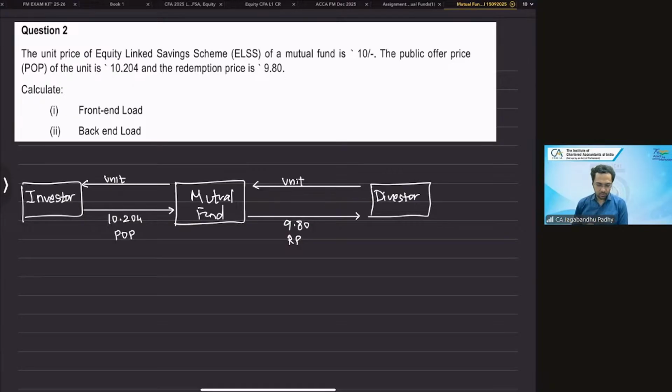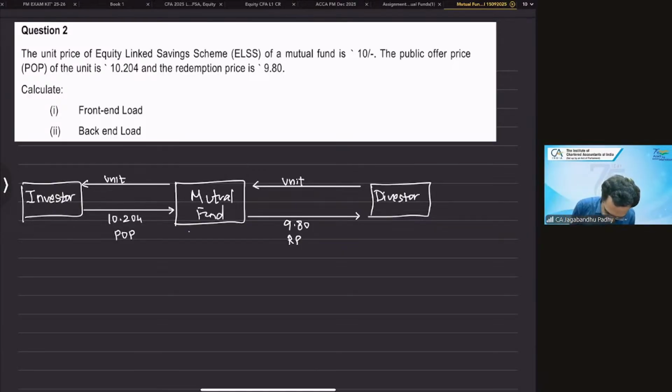Now the question asks us, what is the front end load and what is the back end load? Okay. So front end load is pretty simple. Whatever we are going to charge the public at large is obviously going to be more than the worth of the mutual fund.